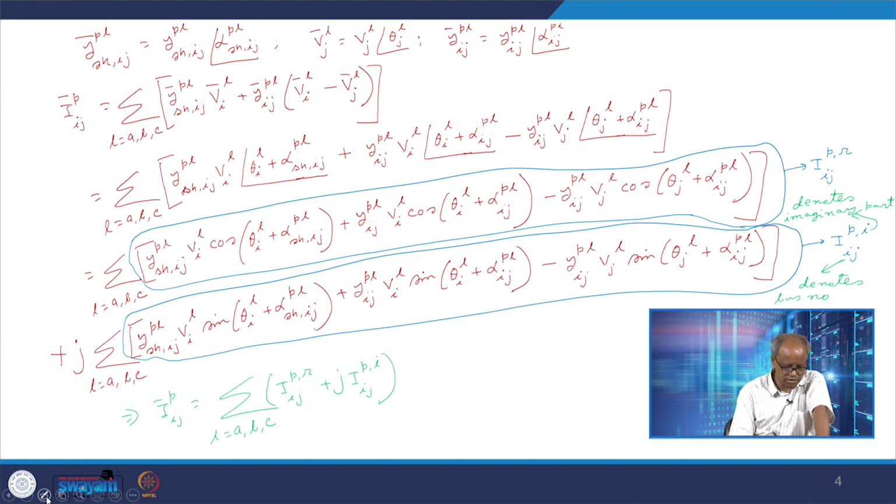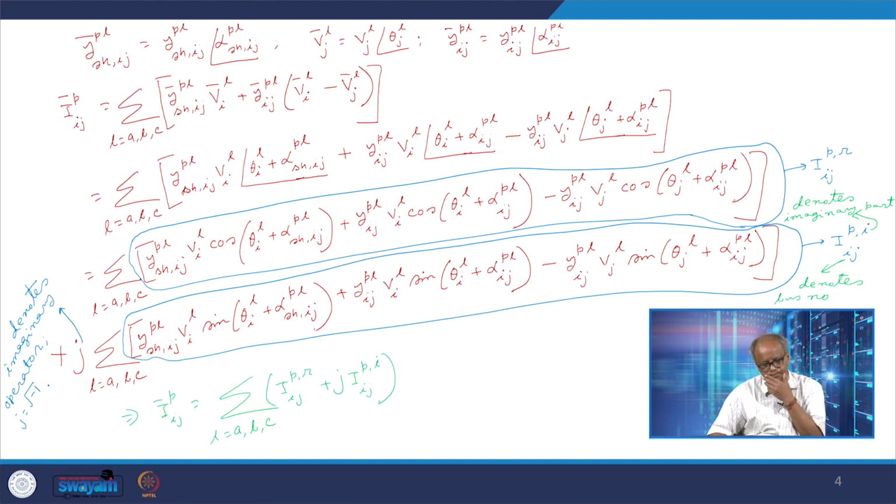Now here also, just to be on the safe side, let us write down that j denotes the imaginary operator, that is j is equal to root over minus 1.